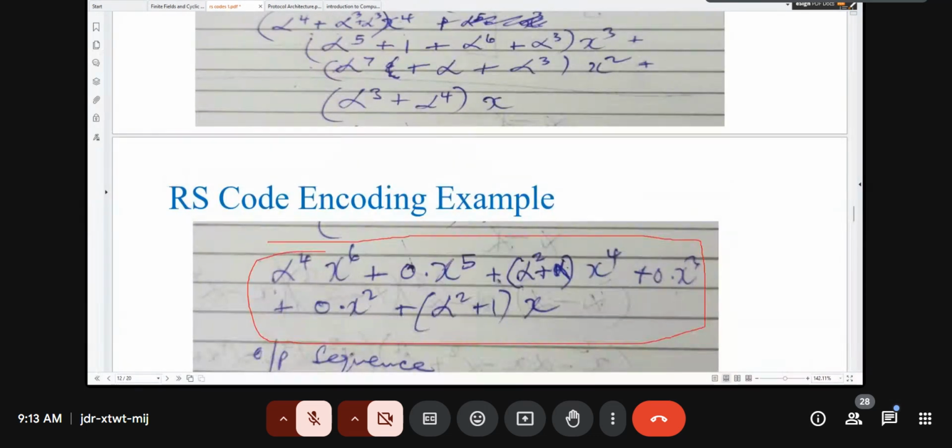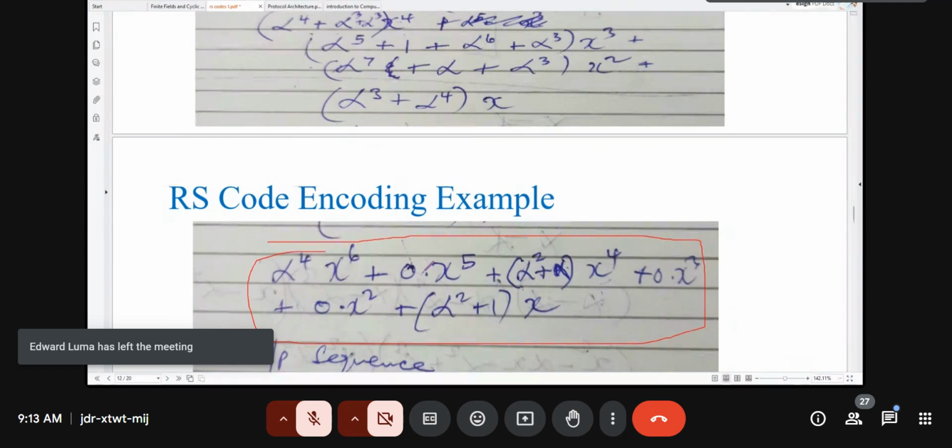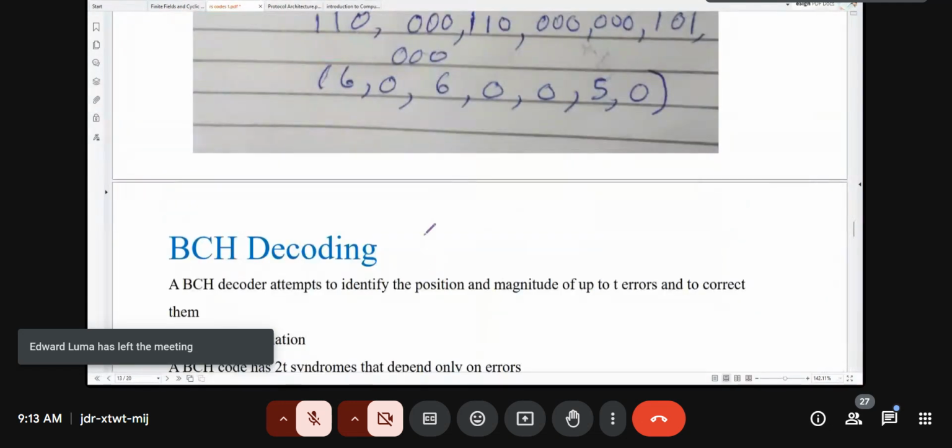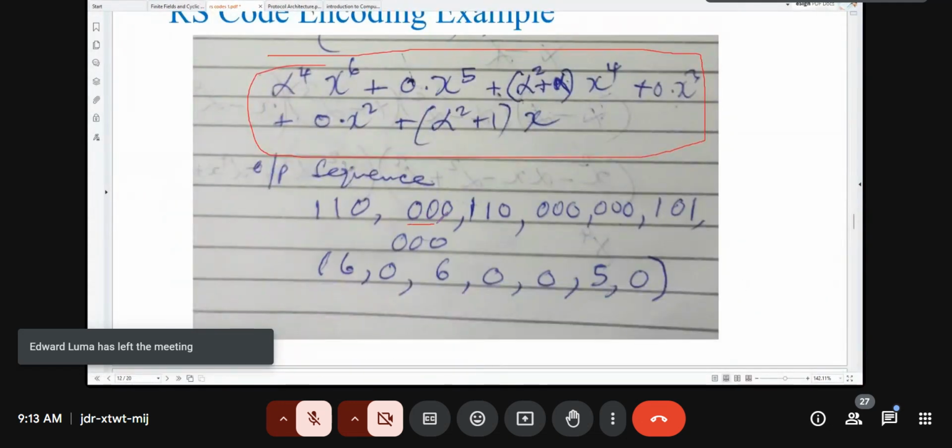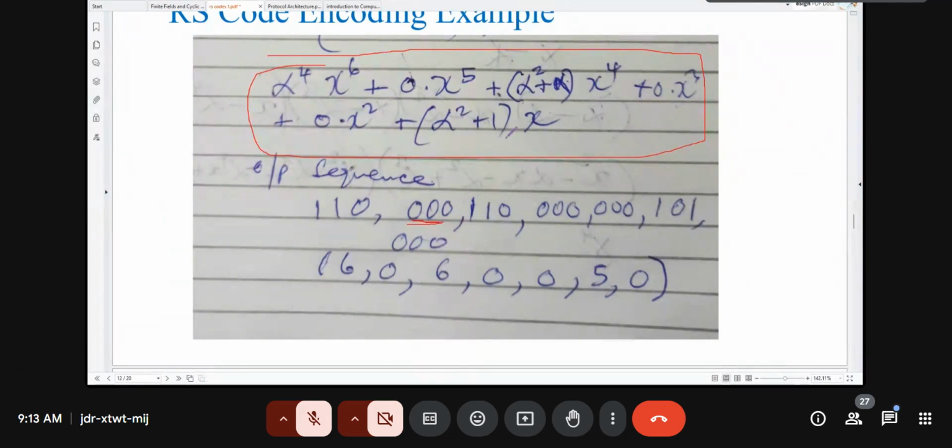Oh, not there, it is here. X to the 5 is 0, so this next symbol is just 0. This one is alpha plus alpha squared plus alpha. It is this symbol again, the same symbol. Then x to the 3 is 0, so just 0.